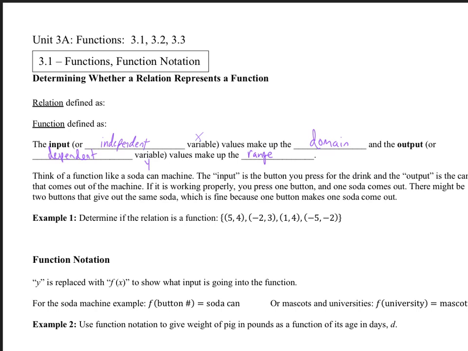So every input has only one output, and it does not matter that these two inputs have the same output. Again, it's like having two Pepsi buttons on the machine, two different buttons giving the same output, which is fine. So this one would be a function.